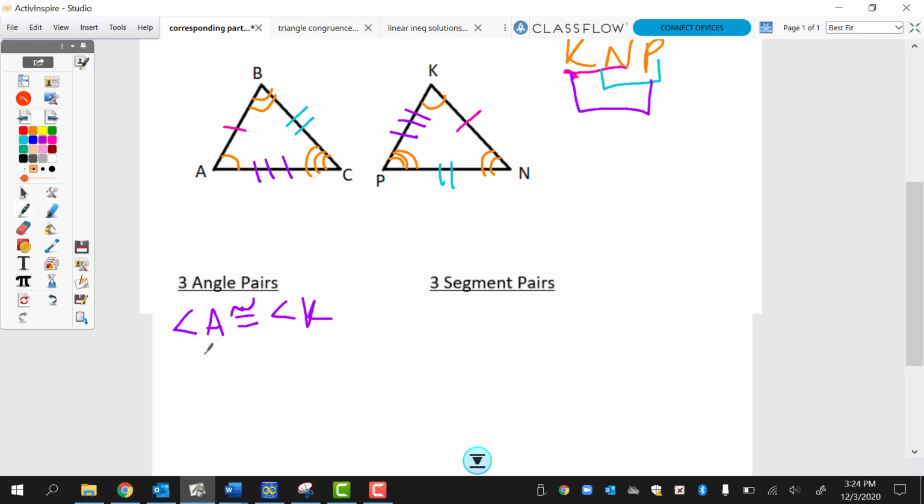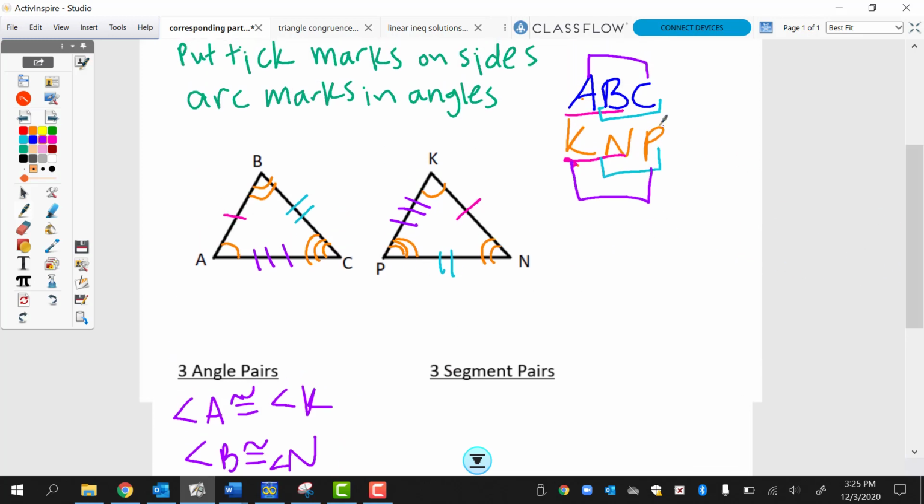We got B, we said was congruent to N, B matched with N. And then C matched with, oops, that was angle. C matched with P. Now I would know this either from looking at the picture, or I know from the order that they are written in up here, that A and K, B and N, C and P.